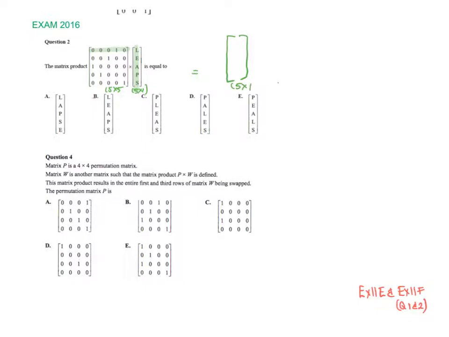Now you can see if I was doing that first row, it would be 0 times L plus 0 times E plus 0 times A plus 1 times P plus 0 times S. So can you see that this P is what's going to show, because everything times by 0 is 0, isn't it? So here, the P is going to show up first.